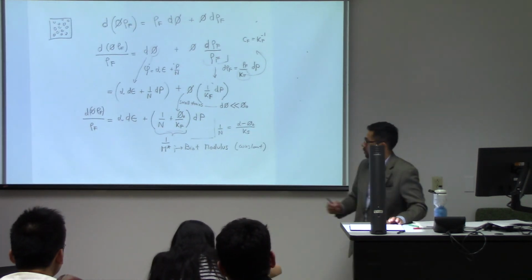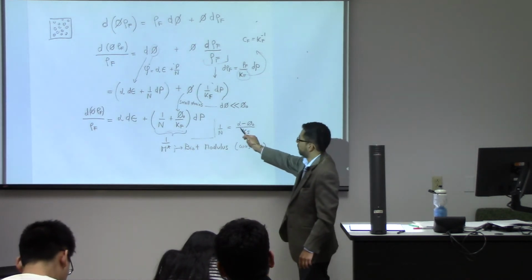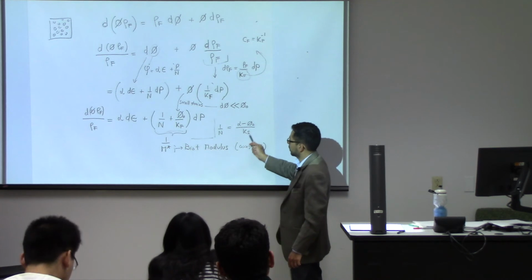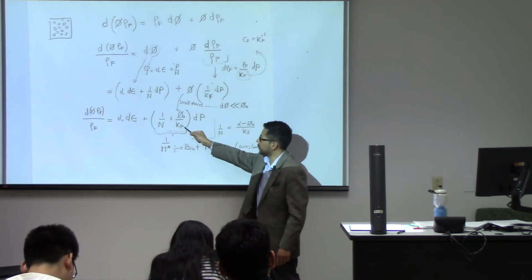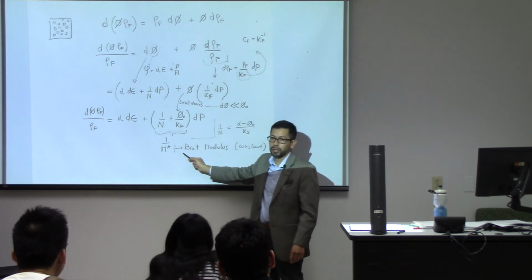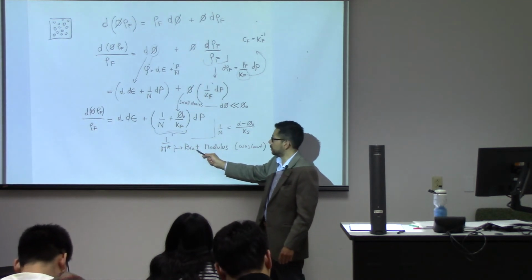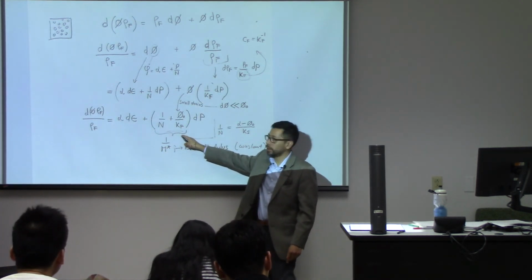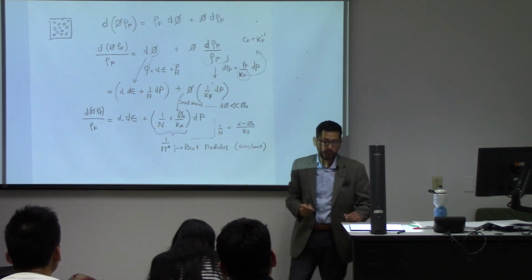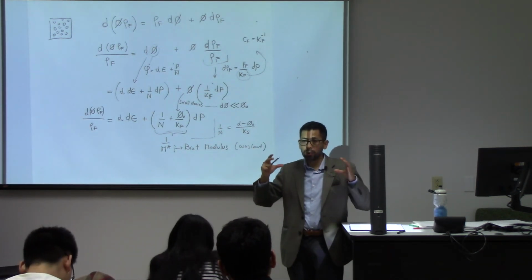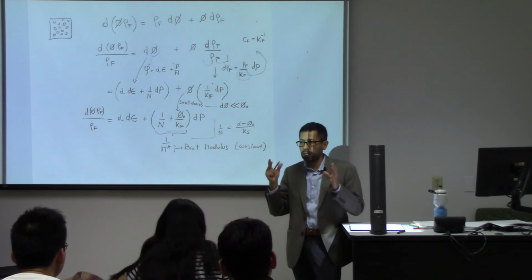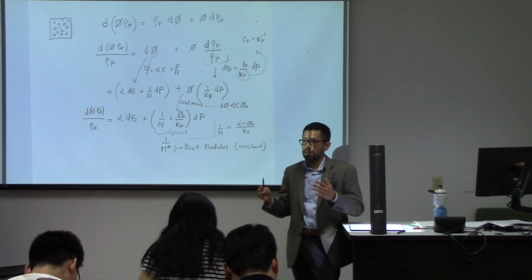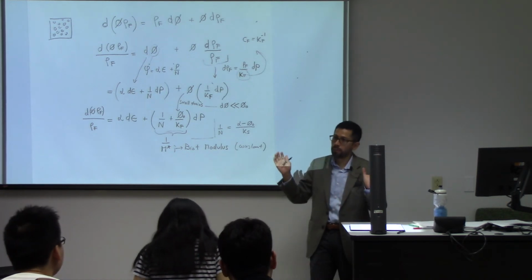So as soon as we know alpha, we know the porosity, we know the compressibility of the solid, we know the compressibility of the fluid, we know what the Biot modulus is. But now the Biot modulus has the two components: compressibility of the fluid, compressibility of the solid. And why? Because if you want to compress a porous medium filled with a fluid, and if you're not letting the fluid escape, you must consider what is the compressibility of the fluid.